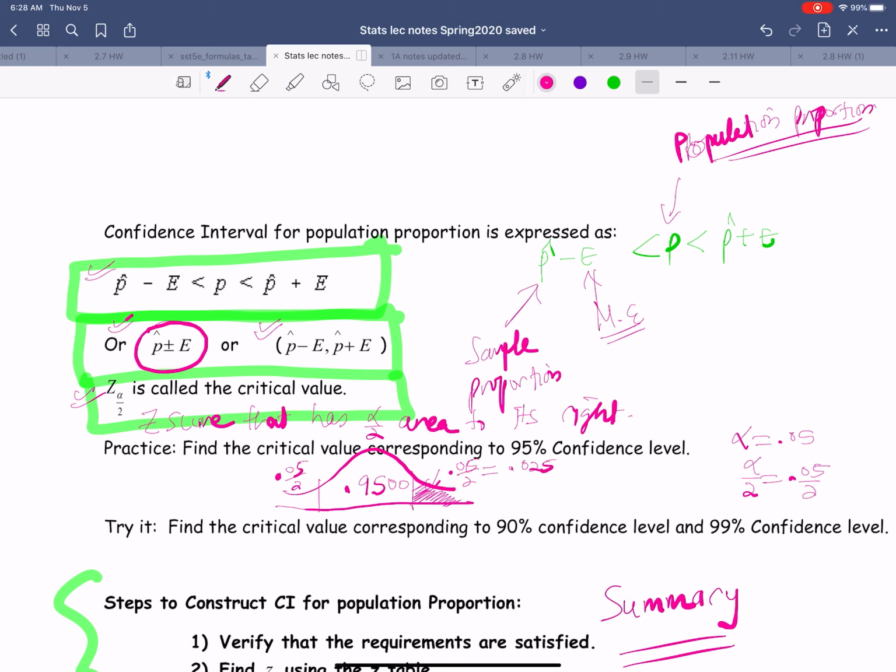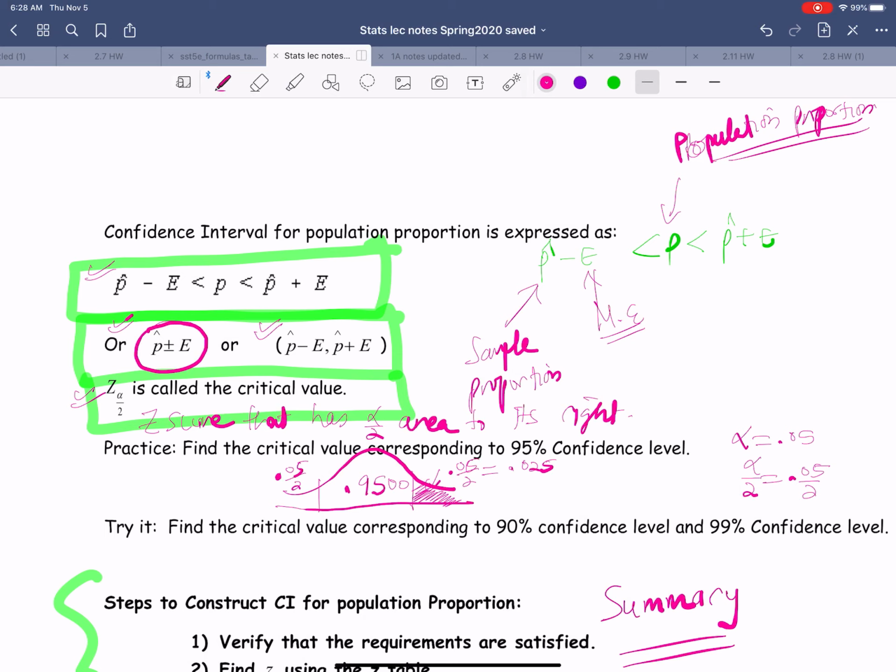So what is the z-score that has 0.025 area to its right? Now remember, your z-score table does not give you area to the right. It actually gives you area to the left. So we can either use the symmetry and get this z-score, or we can find out if it's got 0.025 area to the right, how much area is to the left, and then read the table. We have learned how to read the table in chapter 7 when we talked about normal distributions.